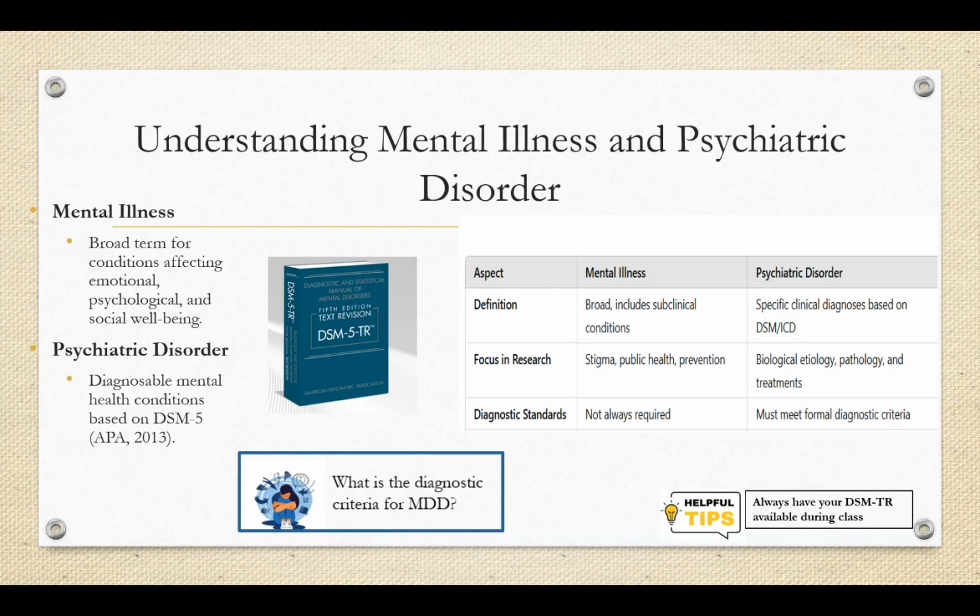The DSM-5 TR is how we as psychiatric nurse practitioners diagnose psychiatric disorders. Each disorder has specific criteria, and if our patient meets these criteria, we're able to diagnose them with that disorder. Okay?